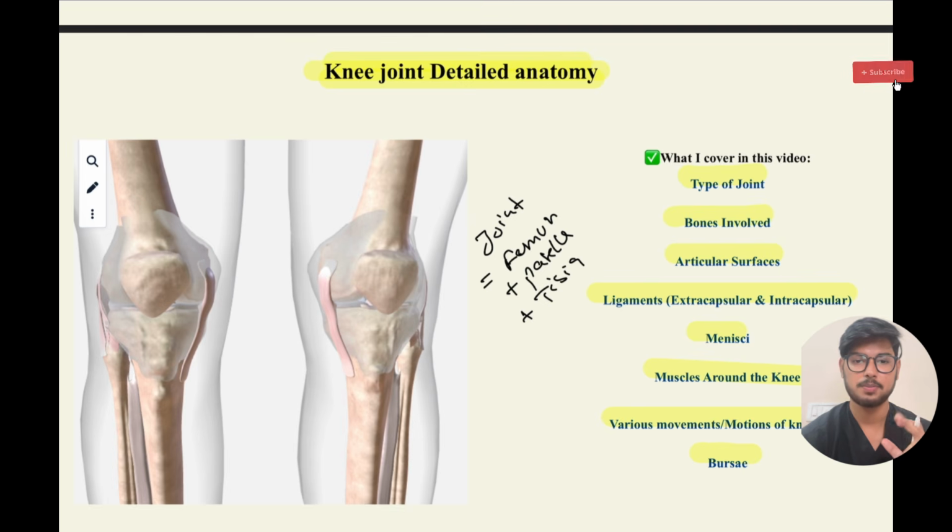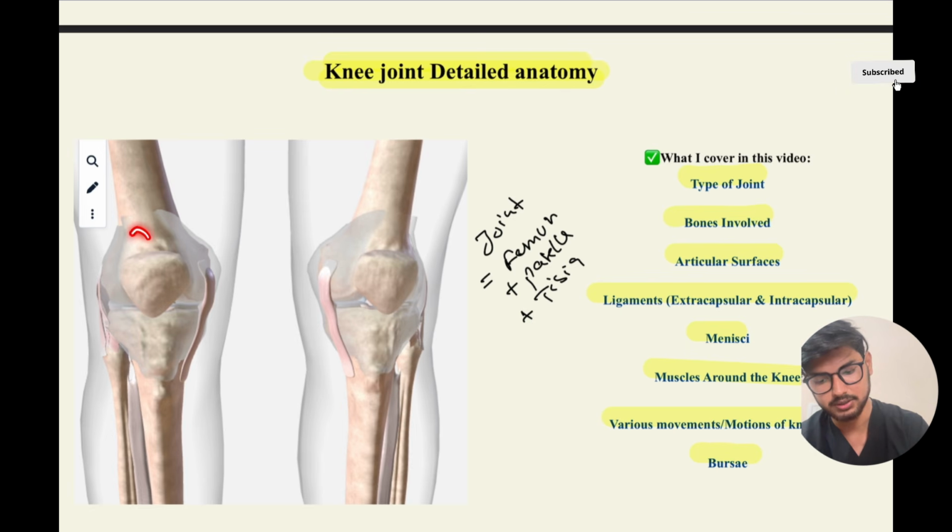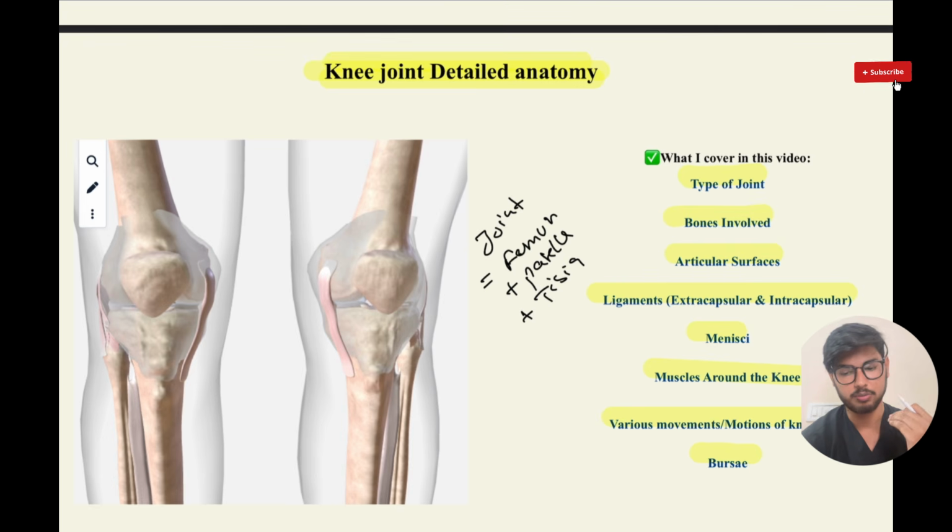But again, we cannot spare the fibula. The fibula also has some kind of role. Whenever we talk about the entire knee complex, not just the joint, we have three articulations. First, as we discussed, the patellofemoral joint. Second, between the femur and the tibia, the tibiofemoral joint.